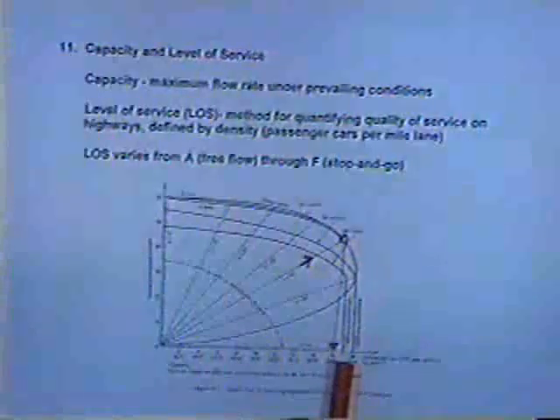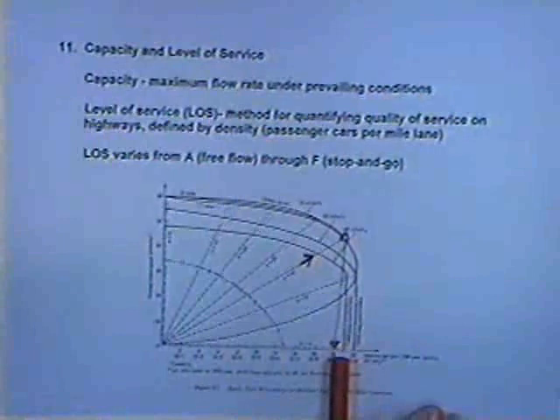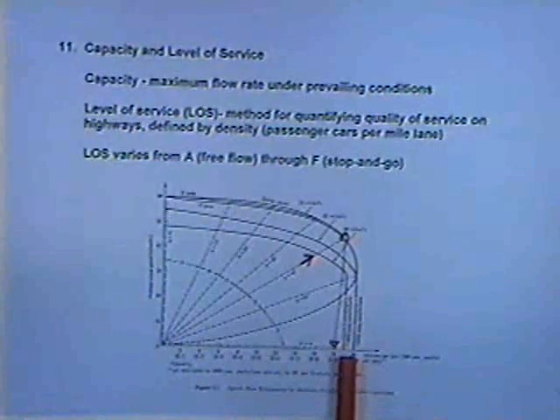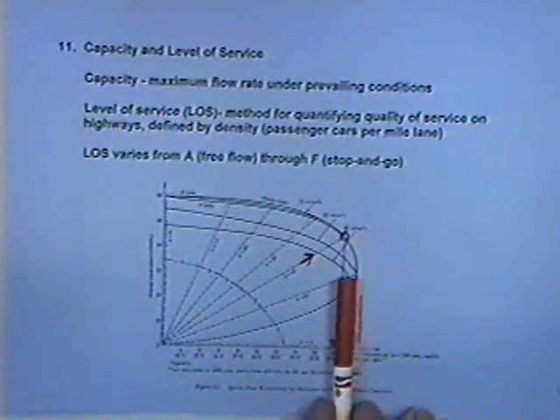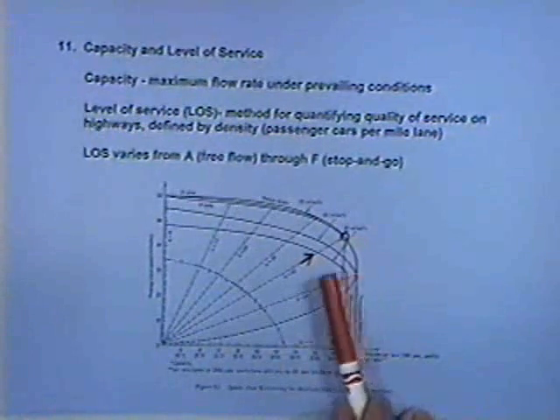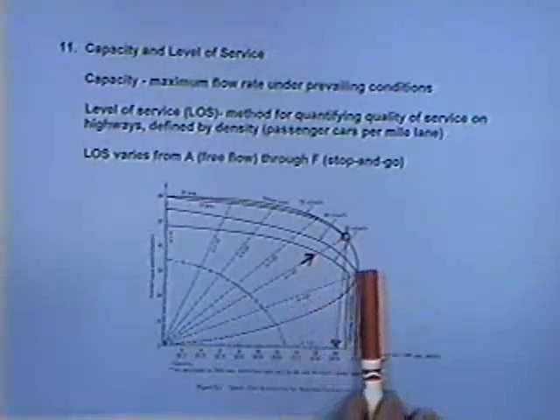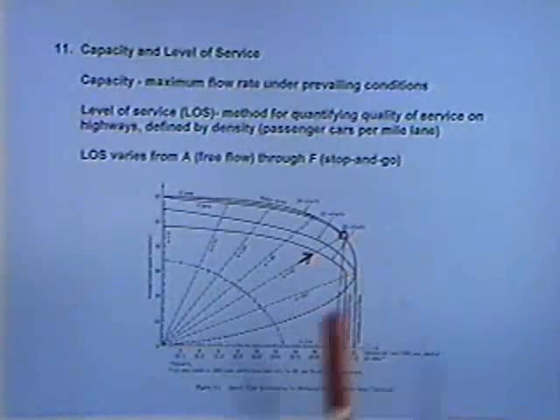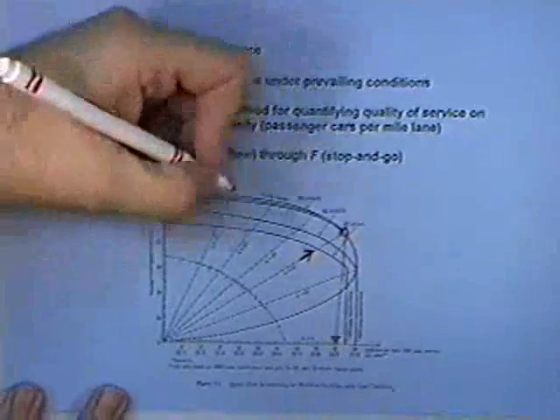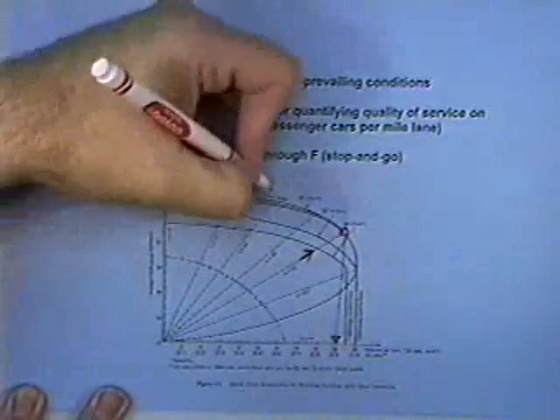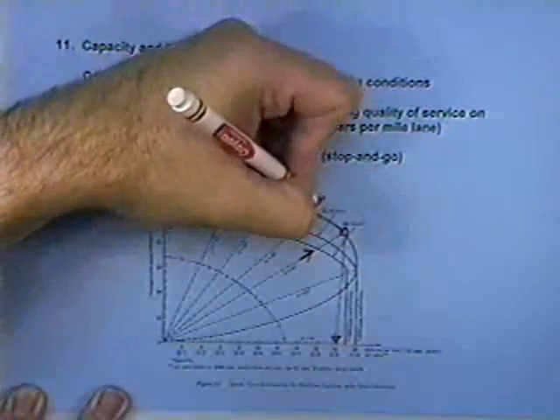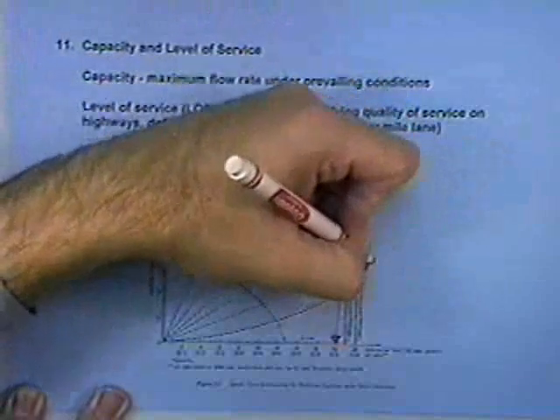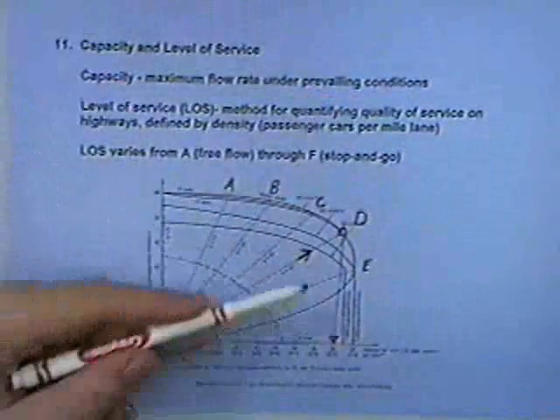If I go back to that graph and I go out to a volume to capacity ratio of 0.977, that's way out here to the far right of that graph, and I would see that we're operating probably in the range, we're in between K equals 42 and K equals 67, and that's going to be level of service E. Let me just put on this graph, this first point is level of service A, second point is level of service B, C, D, this should be E, and anything above that's going to be F there.